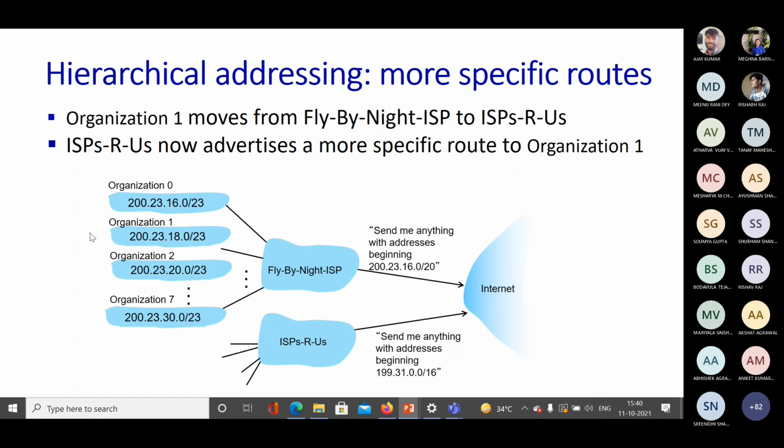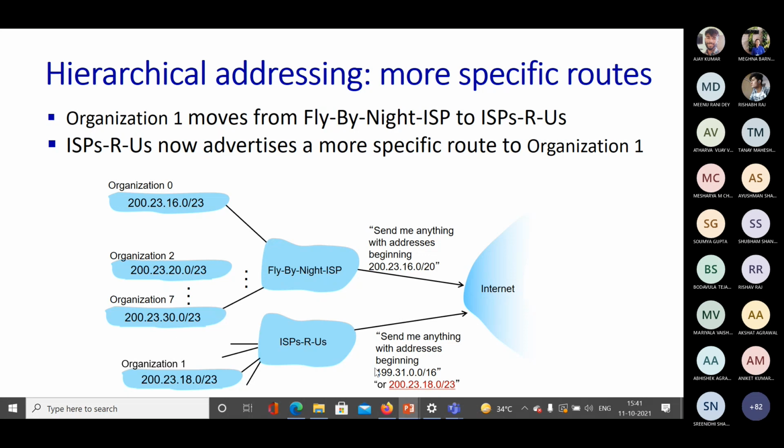So let's see what can be done. The answer is very simple. If somebody says it will not work, you just say: apart from what my address was, please add the other address also. That is what ISP's RUS is doing.